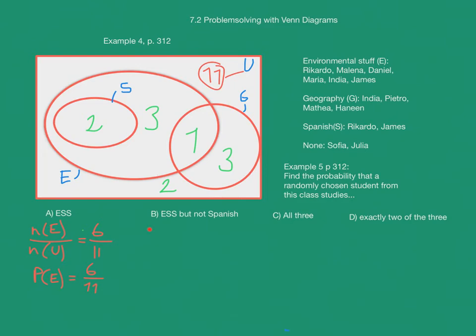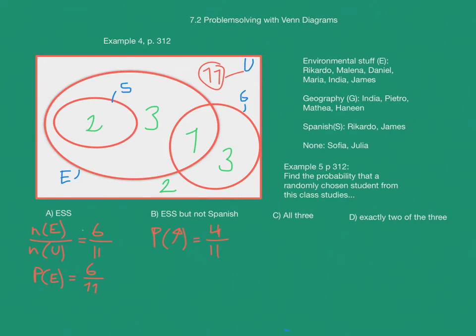We could write this as the probability of ESS but not Spanish. So the probability of studying ESS but not Spanish, we look at those 4, and how much do they make up of the total universal set? So 4 divided by 11.